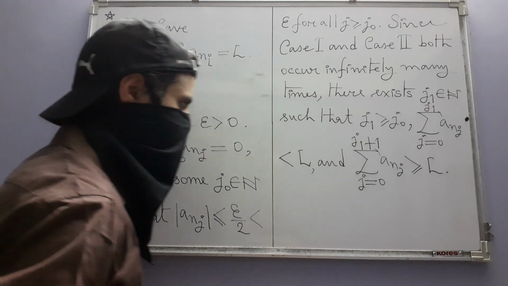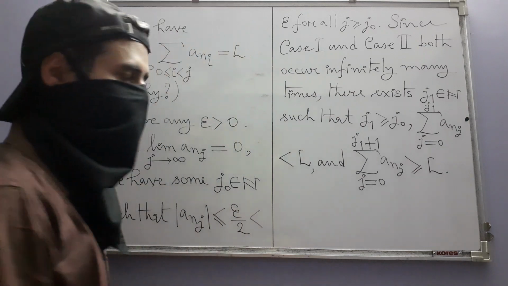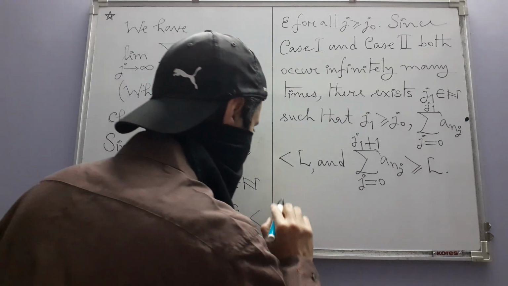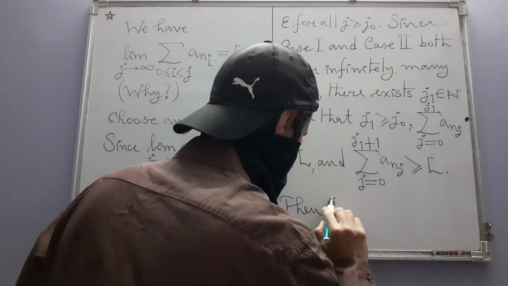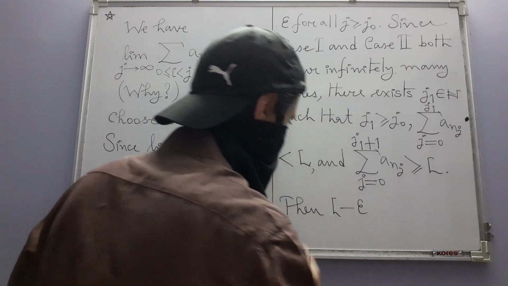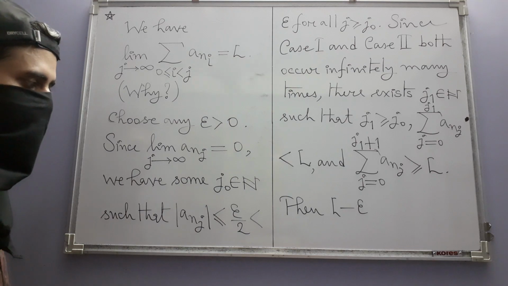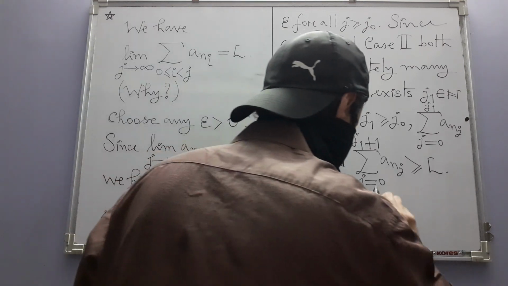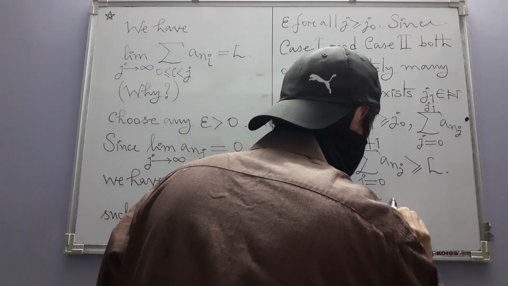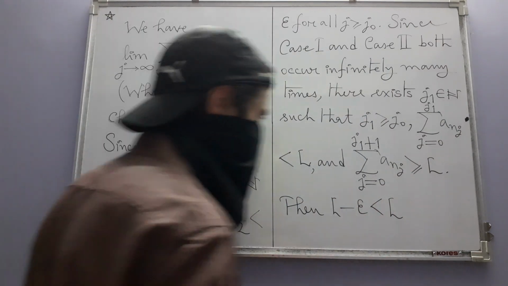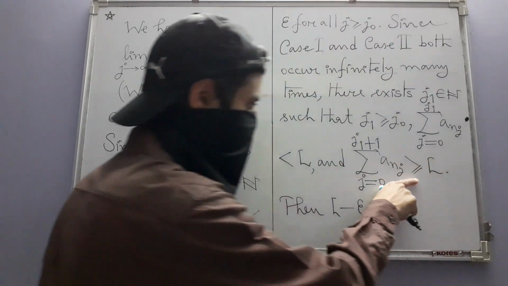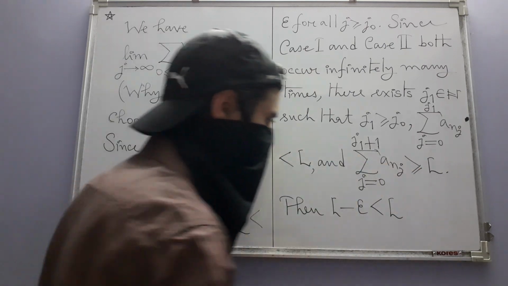Okay. Now what do we have from these things? Then, L minus epsilon. Let us start with L minus epsilon. L minus epsilon is definitely strictly less than L because epsilon is positive. But now immediately we can write this.